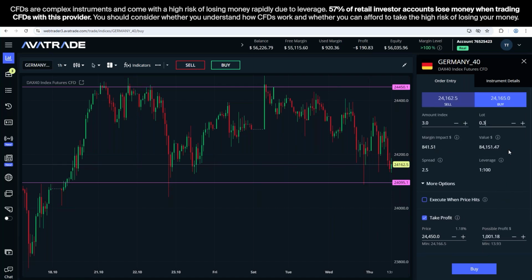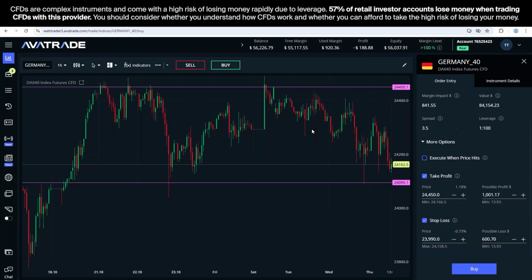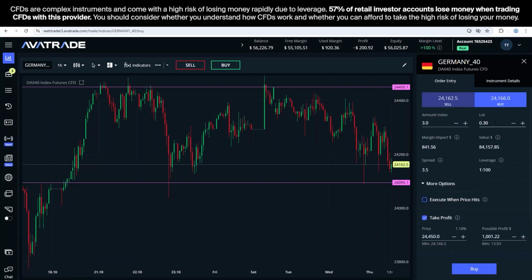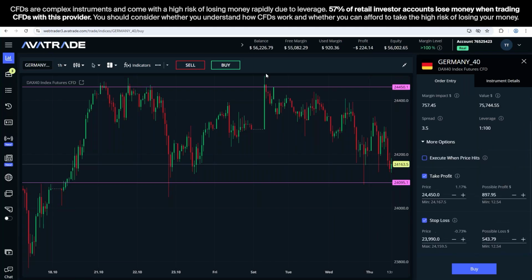Maybe I do 0.3. Risk of 600, 0.27 maybe. And that gets me below 1% risk on my account, going after near 2% potential profit, over 900 potential profit. So nice support level here.